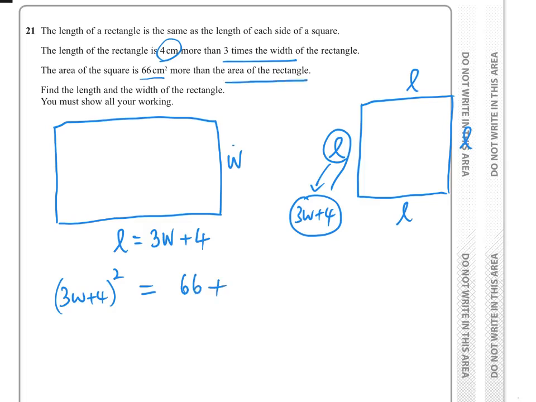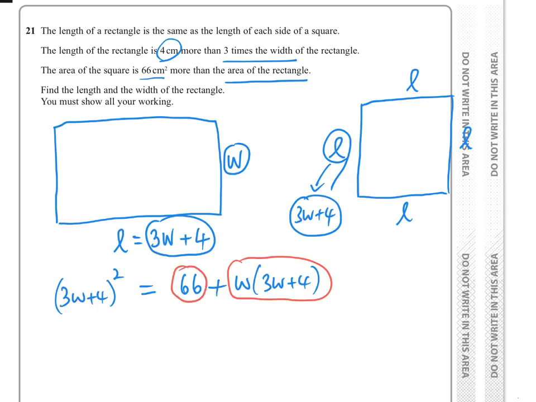And the area of the rectangle is just w times 3w plus 4. So just to recap, the area of the rectangle with 66 more added on is the area of the square.